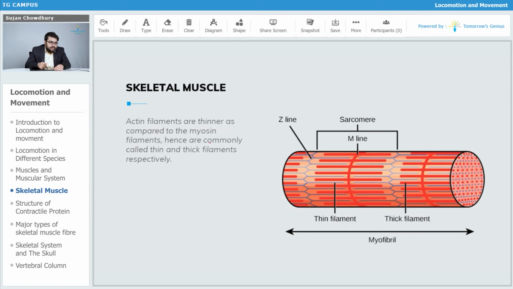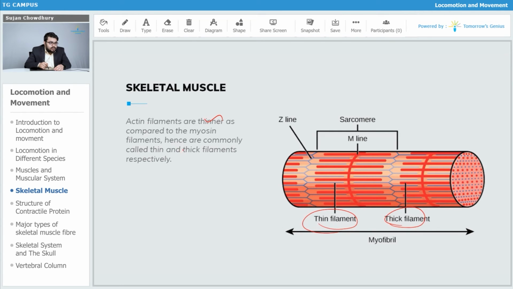So the actin filaments which we were talking about are thinner as compared to the myosin filaments. We can observe the thick filaments and the thin filaments which lie between the consecutive thick filaments. The thicker filaments are definitely myosin.